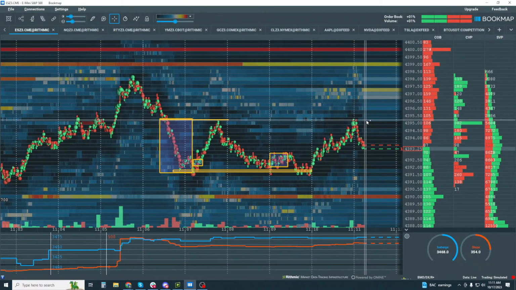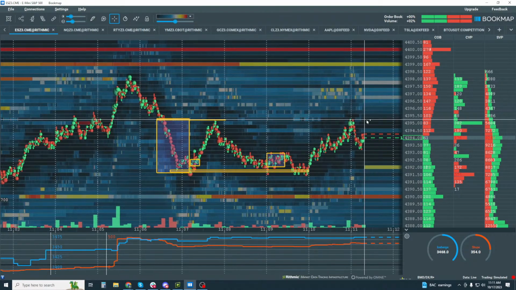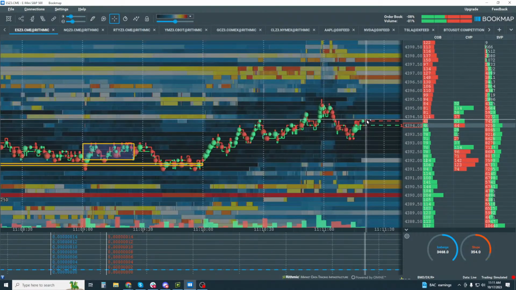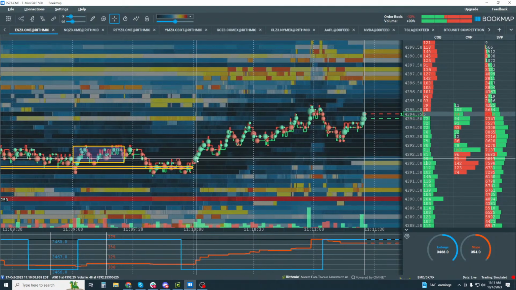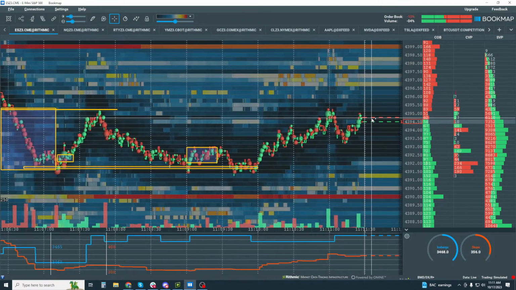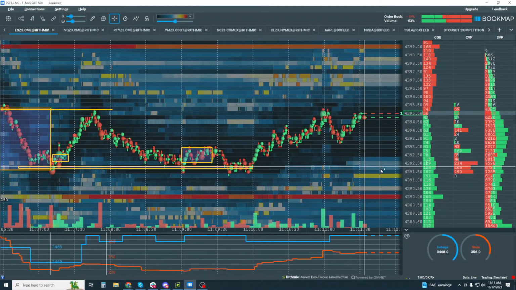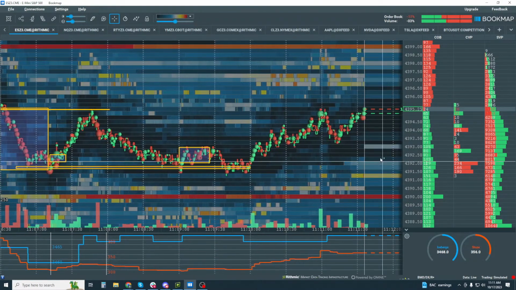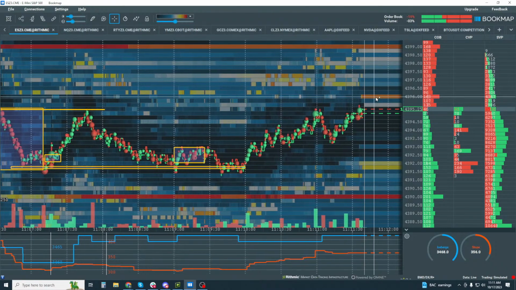Yeah, I just see this still as range bound. Okay, we have the potential to break it here. And let's see if we get our buyers here. Order book is bidding, but down here though, don't like it. If we get a little bit more, see how they're on the offer here.